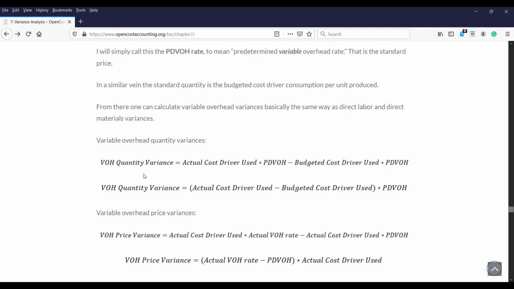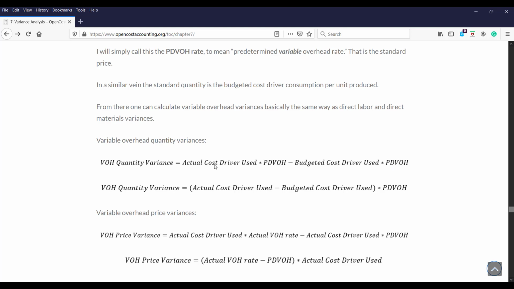And you're going to have your variable overhead variances set up very similarly to the two categories we talked about before, especially the direct labor category. We have our actual quantity times our price, basically, for variable overhead, the predetermined variable overhead rate, minus our budgeted cost driver used times the standard price for PDVOH.